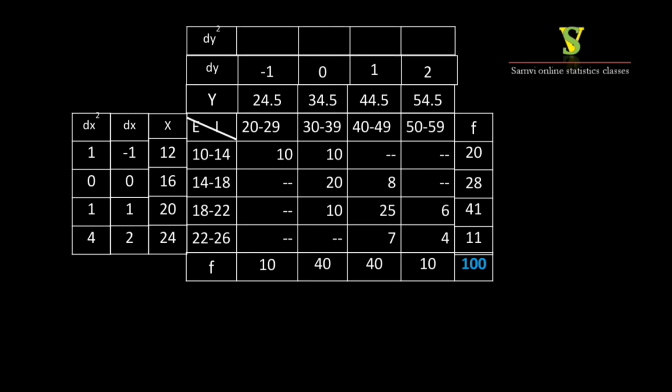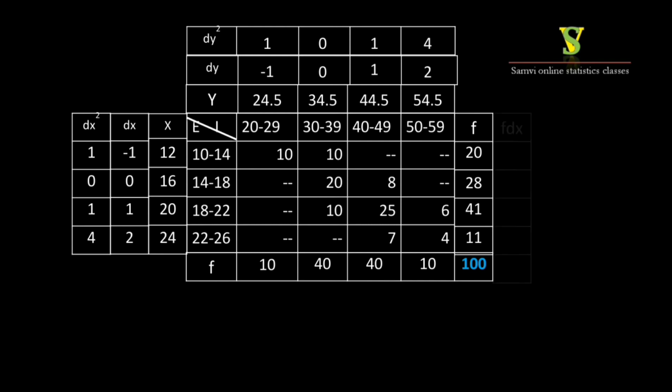Getting? -1 square is 1, 0 square is 0, 1 square is 1, 2 square is 4. So once you calculated dx and dx square and also dy and dy square, next you have to calculate f dx, f dx square, f dy and f dy square.